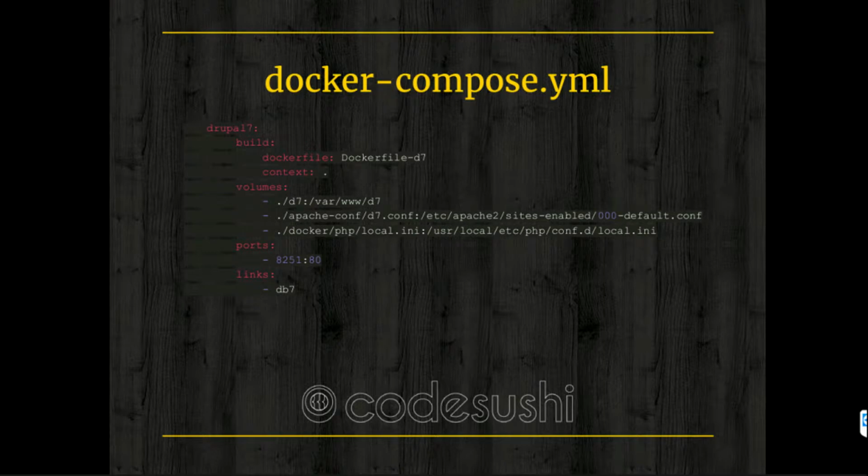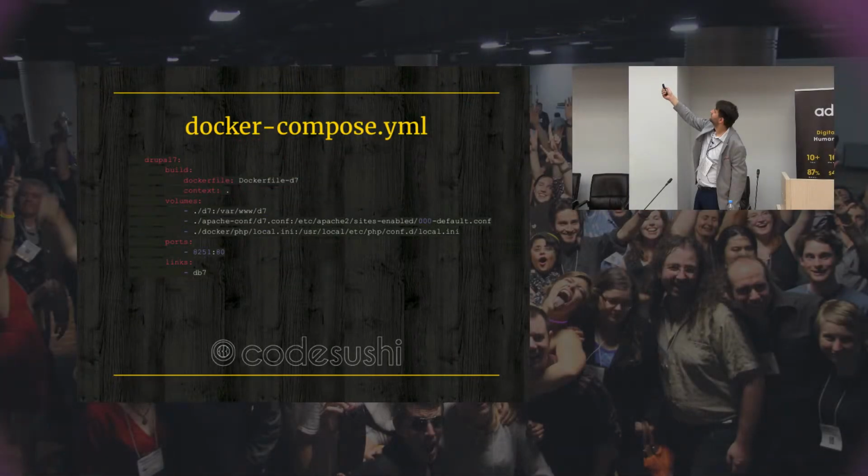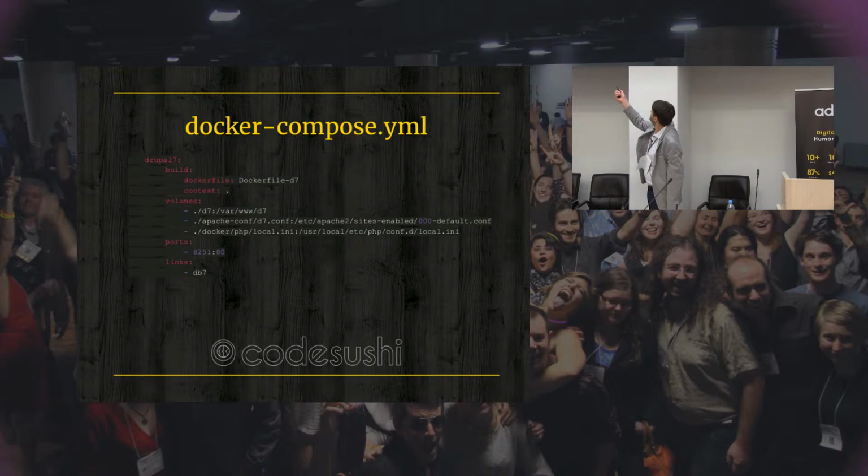The configuration for Docker with Drupal 7 is very similar, just the paths are changing to address Drupal 7. Also, Drupal 7 does not need access to the directory with Drupal 8. And again, it's a different port and a different DB.